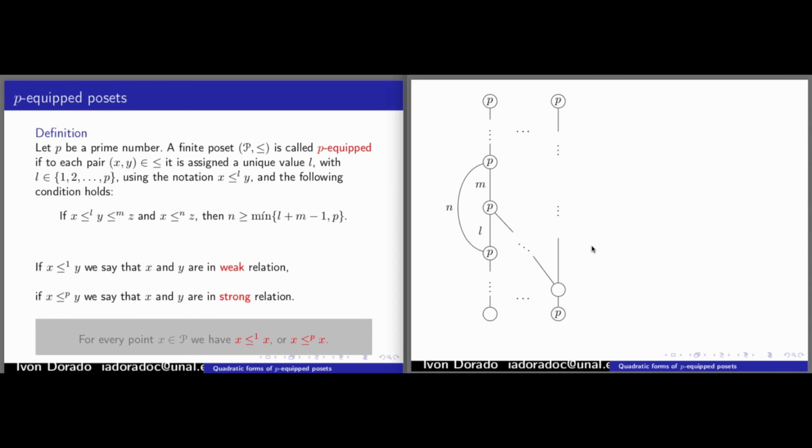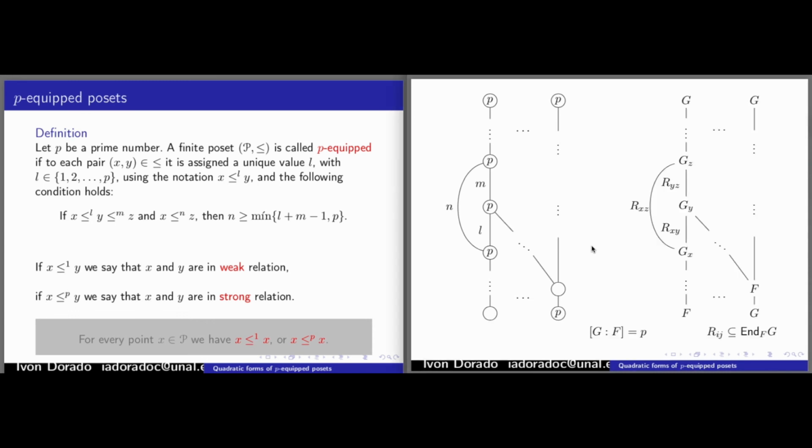Now we choose a field extension of degree p, the algebra of F-endomorphisms of G, and some subspaces of this algebra. Now in the Hasse diagram, if we have weak points, we assign G to these points. These X, Y, and Z are just to identify the points.